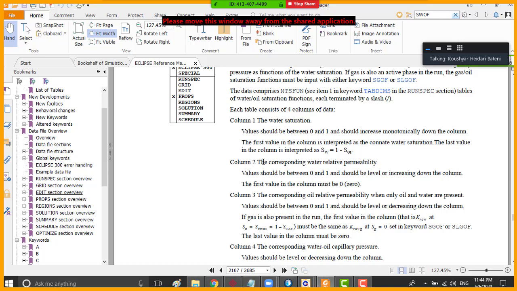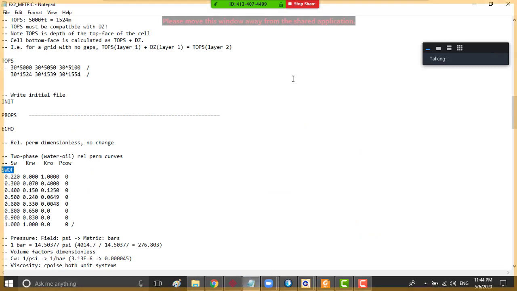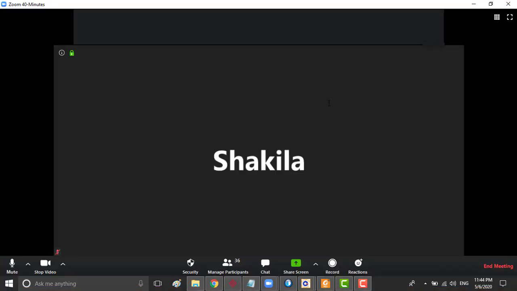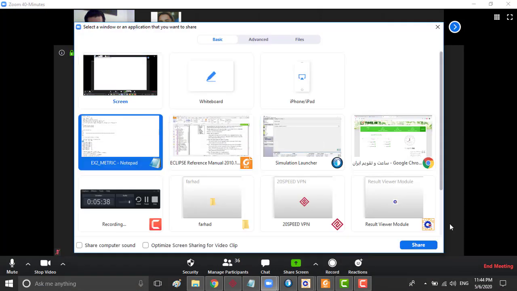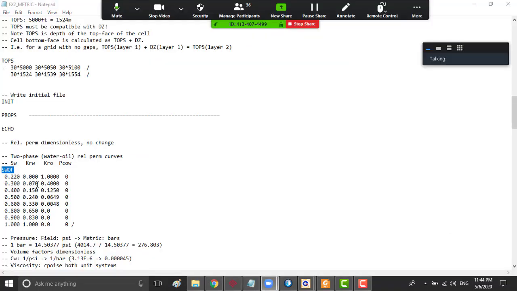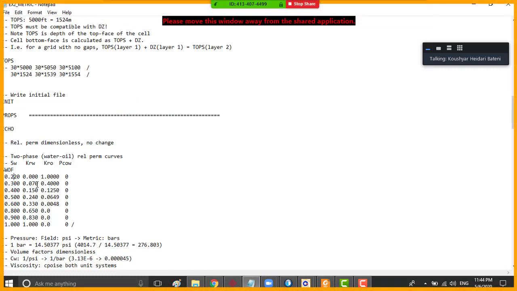The second column is the corresponding water relative permeability. And the third column is the corresponding oil relative permeability when only oil and water are present. Okay? So, when you go back to the data file that you had, now you understand the meaning of these various columns.